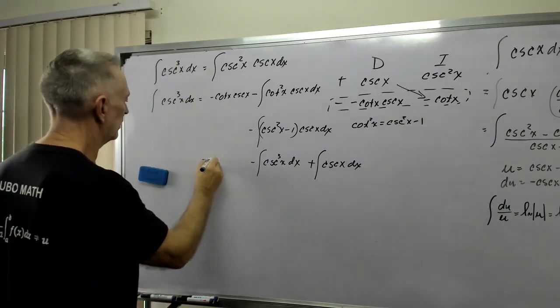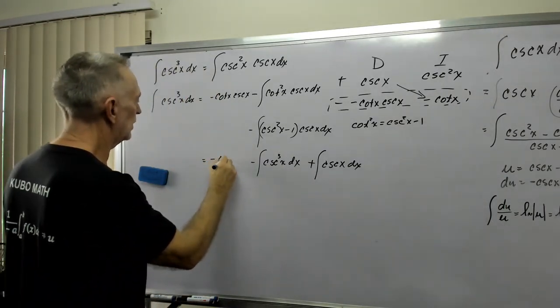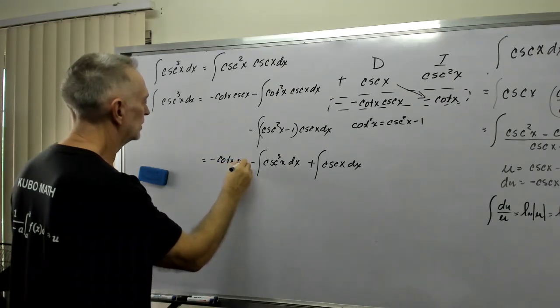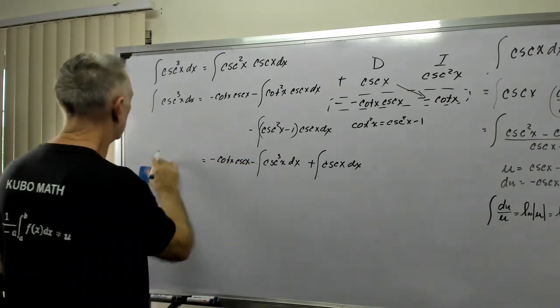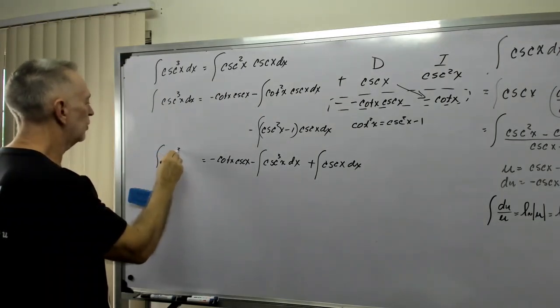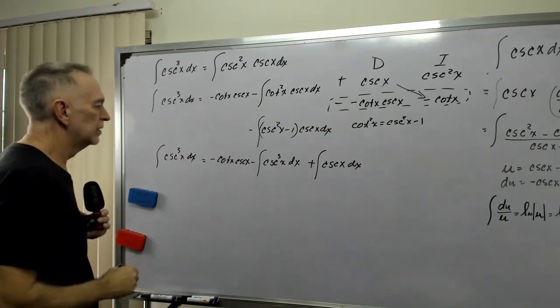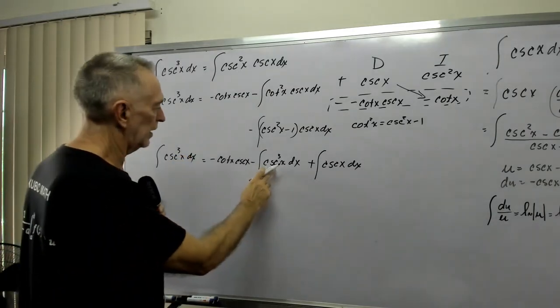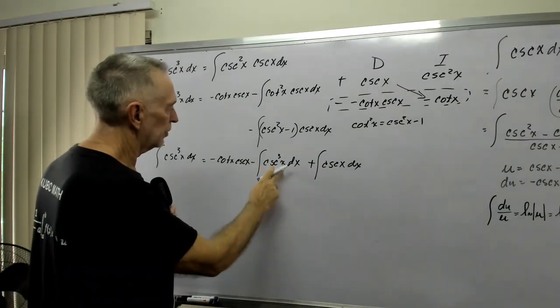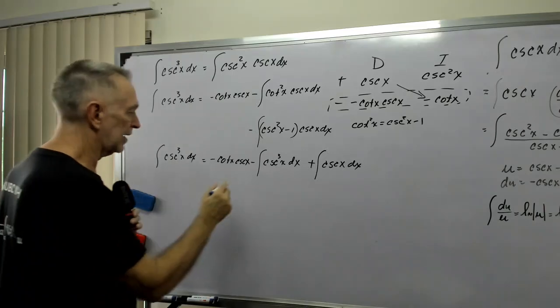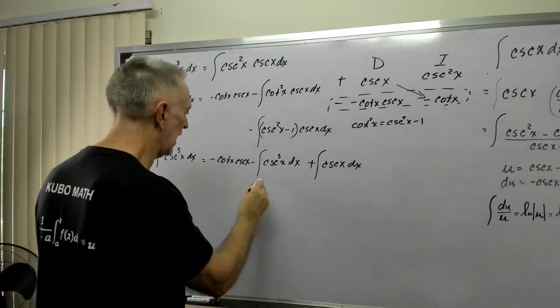Alright, so let's catch everything up here. Minus cotangent x cosecant x, and all of that equals cosecant cubed x dx. Now you'll notice I have a cosecant cubed x dx and a cosecant cubed x dx. And this one's negative, so I can add one here.